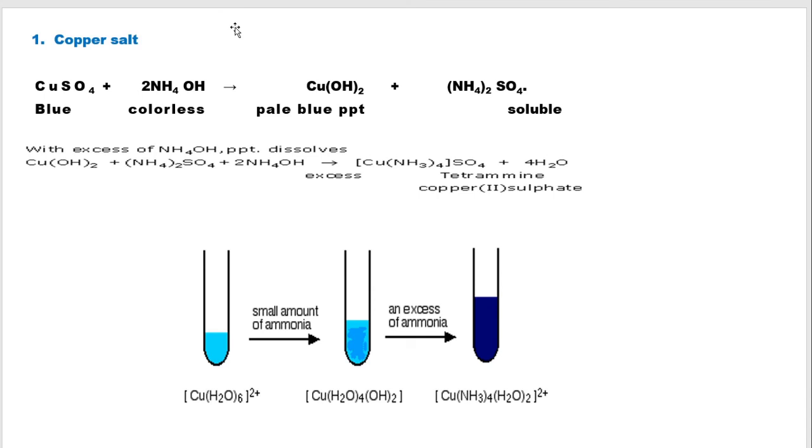Now we will be discussing the copper salt. In case of ammonium hydroxide, when you add it dropwise to copper sulfate solution, initially you form a pale blue precipitate, just as in case of sodium hydroxide. But in case of sodium hydroxide, in excess this precipitate was insoluble.